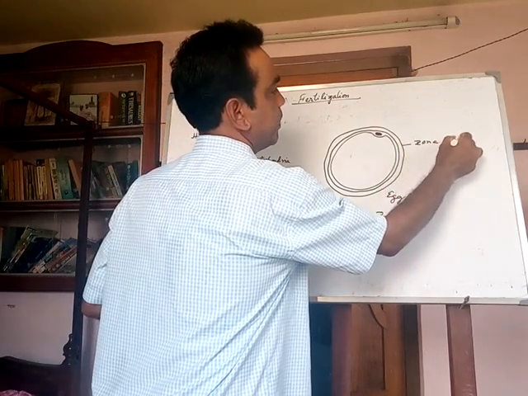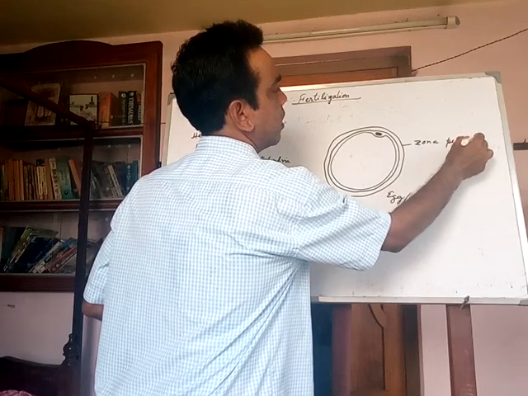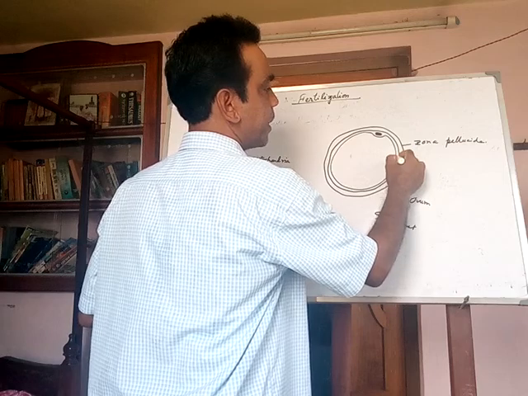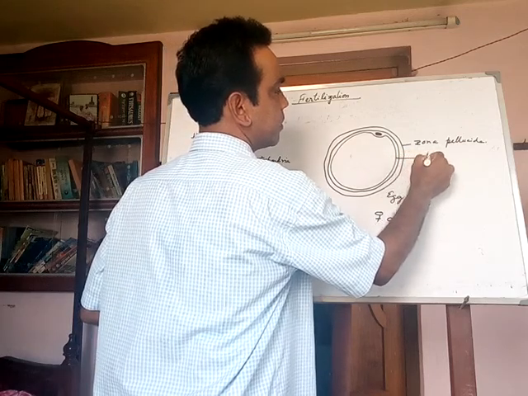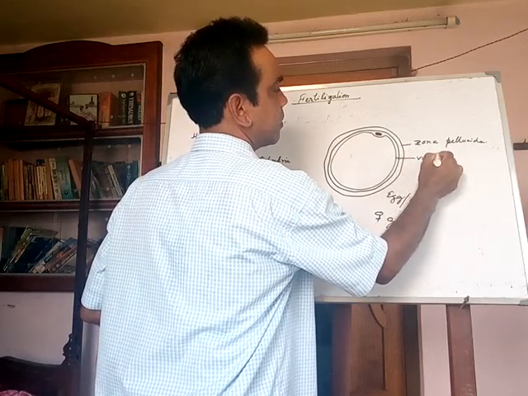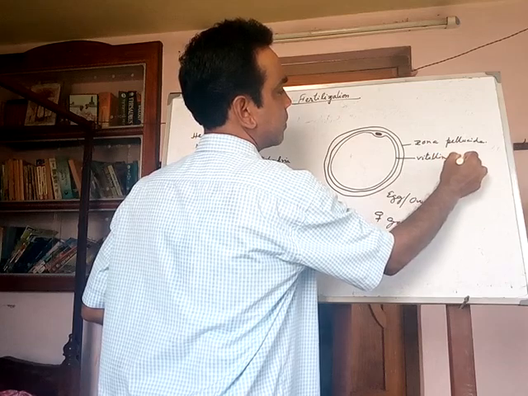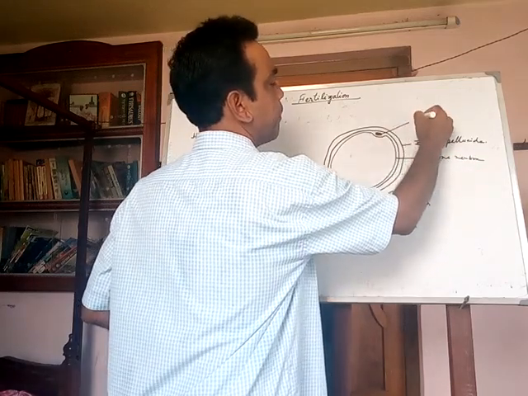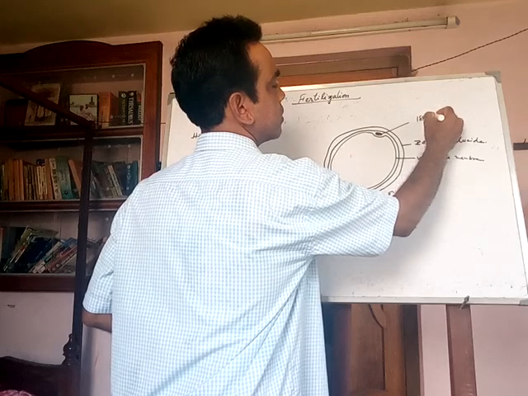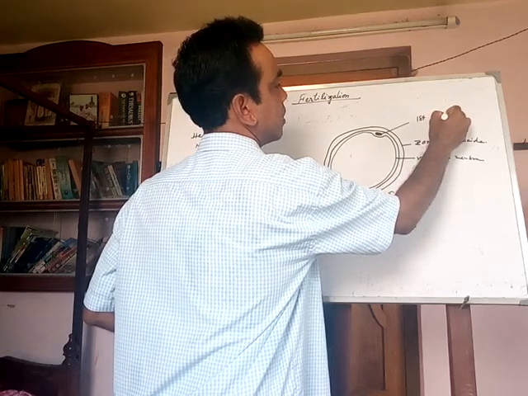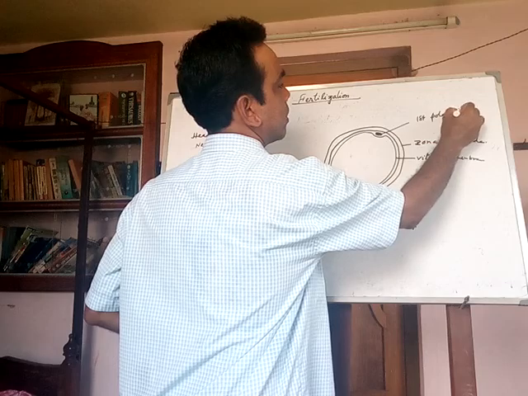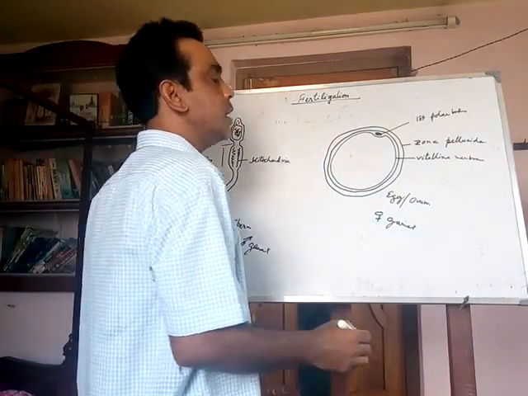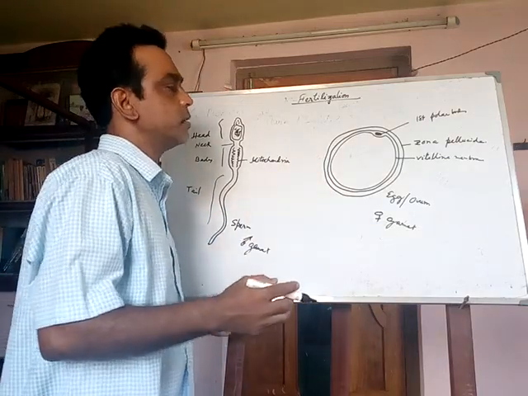Zona pellucida, and that is the vitelline membrane. And it is the first polar body. Now, where is the second polar body?